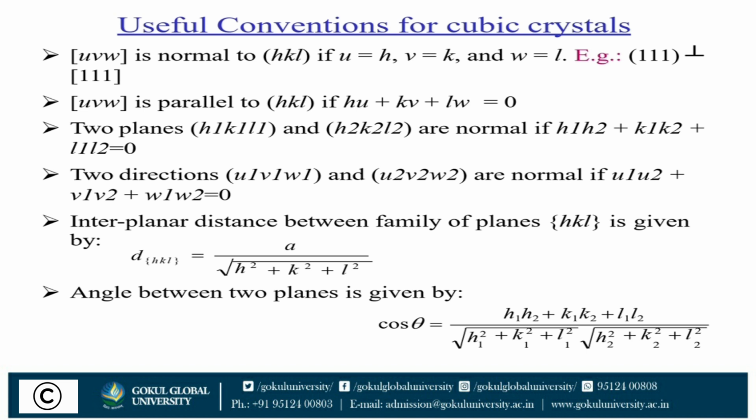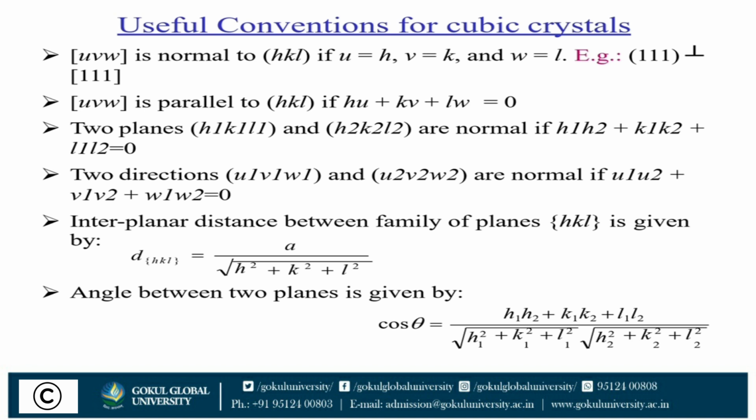If parallel, then you have to do multiplication and summation: hu plus kv plus lw will be 0. If two planes, then h1, k1, l1 and h2, k2 and l2. So h1 into h2 plus k1 into k2 plus l1 into l2 will be 0. If two directions, then u1, v1, w1, u2, v2 and w2. Then u1 into u2 plus v1 into v2 plus w1 into w2 will be 0.